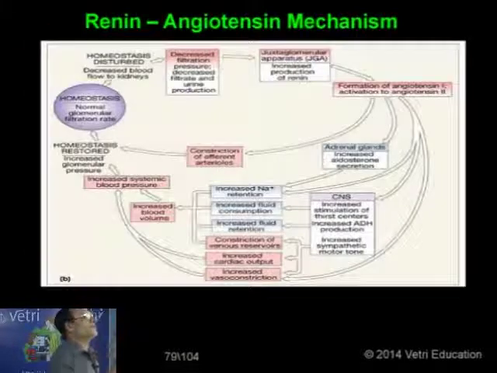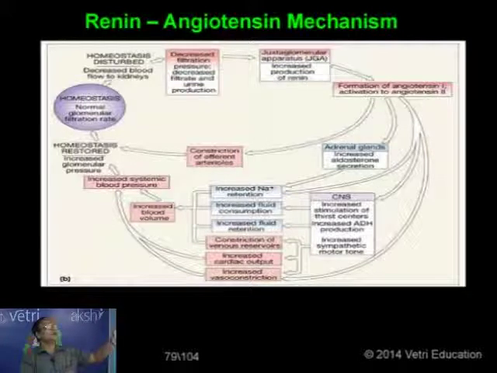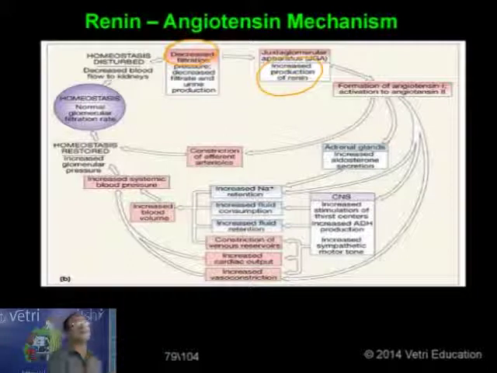This is another mechanism. Here you see that homeostasis is disturbed because of decreased flow to the kidneys. When the flow of blood to the kidney decreases, there is decreased filtration, and the glomerular filtration rate decreases. Ultimately the juxtaglomerular apparatus is activated, leading to increased production of renin.